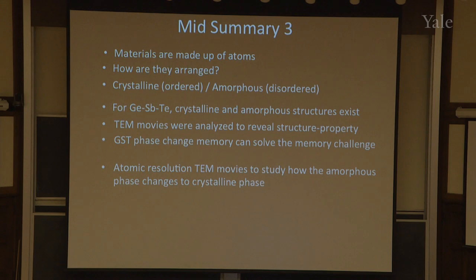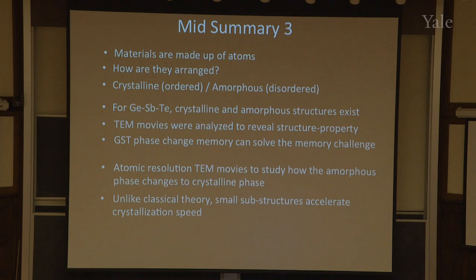Now, the second part of the talk was about how you can really do these TEM movies at atomic resolution, actually seeing how the atoms pop up. We saw that to study how the amorphous state changes to the crystalline state. And we found, unlike the textbook knowledge, there are small substructures that really accelerate the crystallization speed.